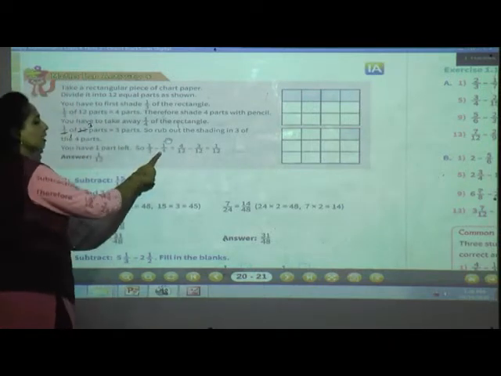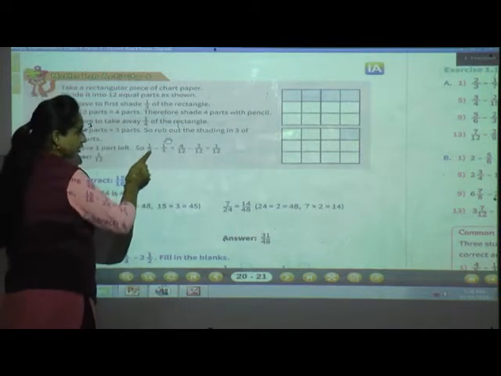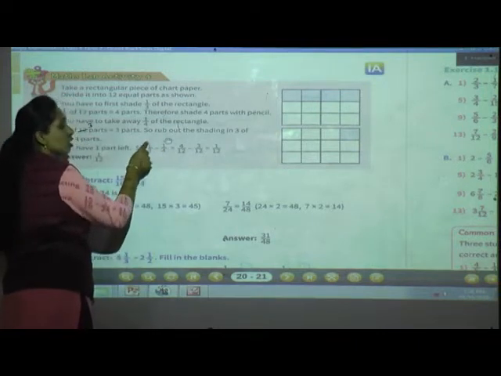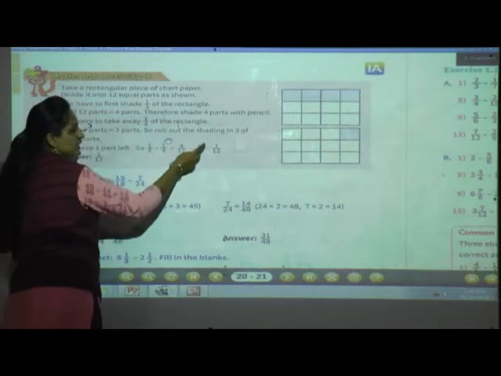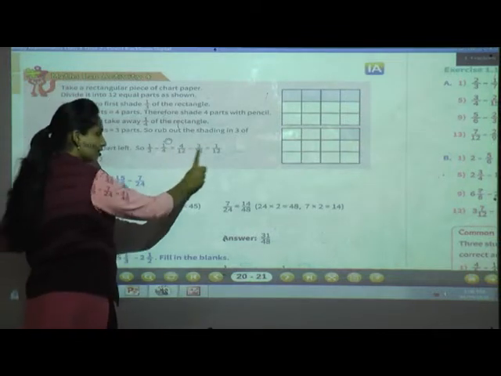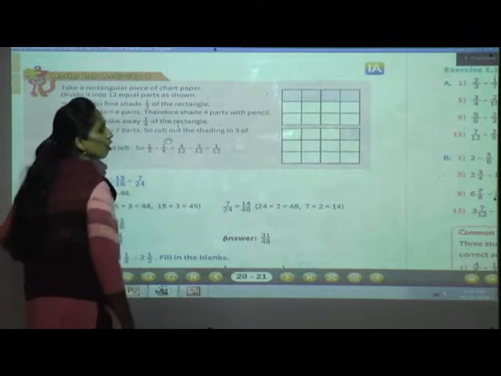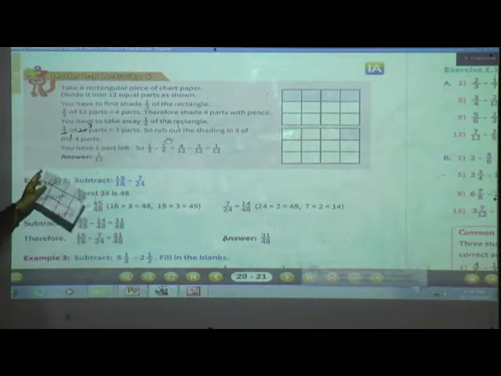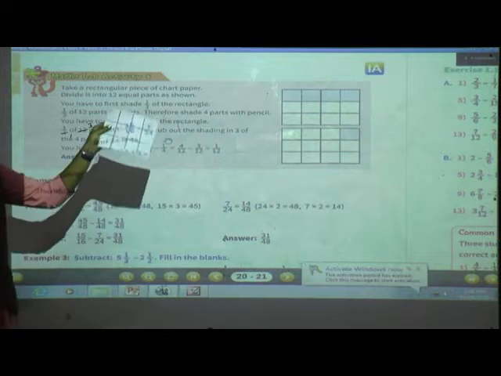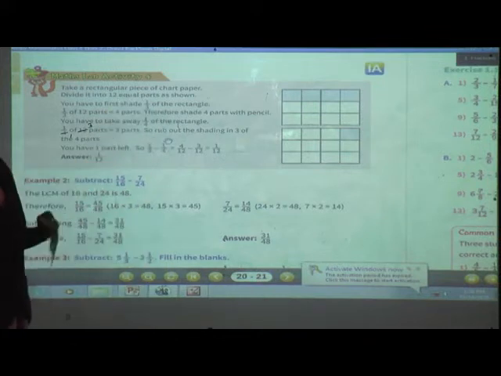So 3 multiplied by 4 is 12. Then the cross multiplication, 1 4s are 4, 3 1s are 3. Denominators are the same, so write only once. 4 minus 3 is 1. So in this way also you can do. With this activity, I hope you all have understood the subtraction.